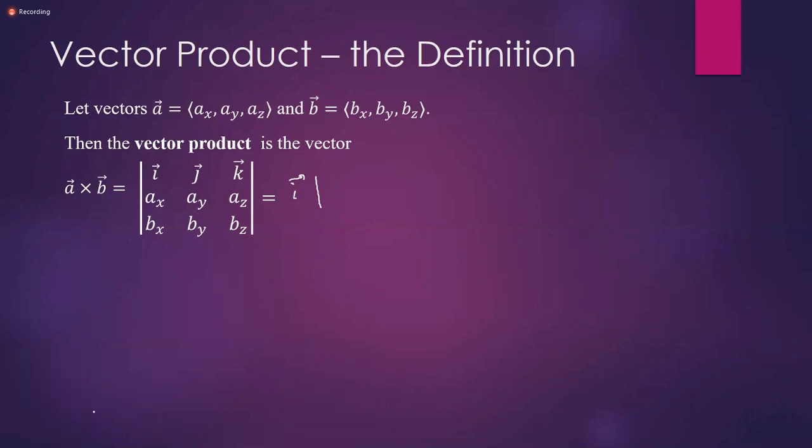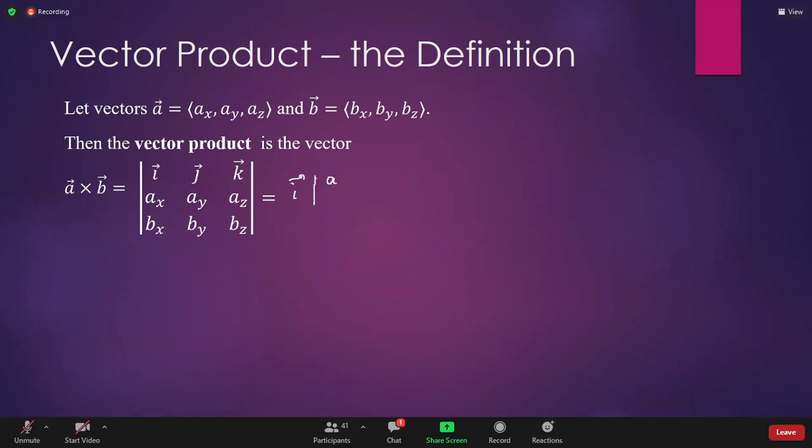Let's do it like this. We can write the vector product would be evidently the vector i times the minor ay, az, by, bz.